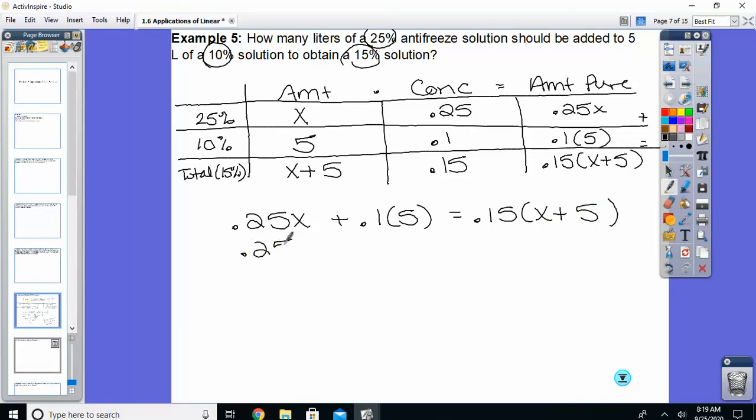So 0.25x plus 0.5 equals 0.15x plus 7.5.